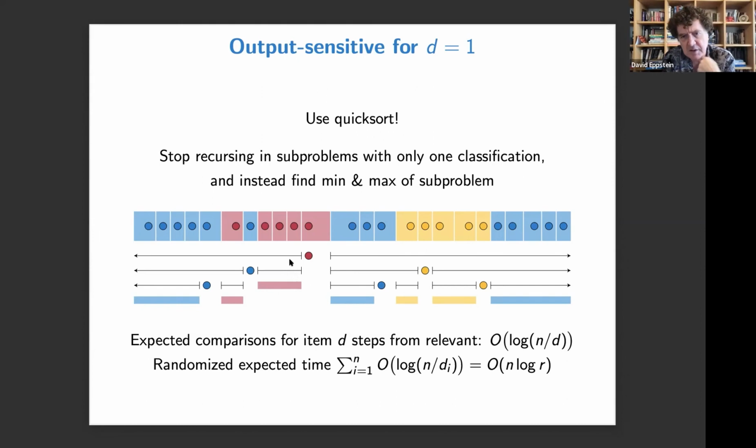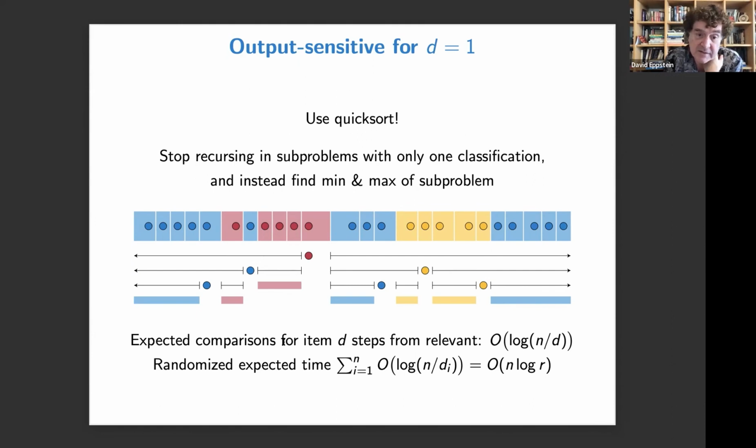But when a recursive subproblem ends up having all of its points with the same classification, which we can check in time proportional to the size of the subproblem just by checking all the classifications, then we don't need to recursively sort that subproblem. We can stop and find the minimum and maximum of that subproblem.